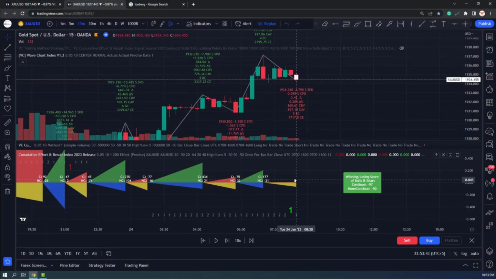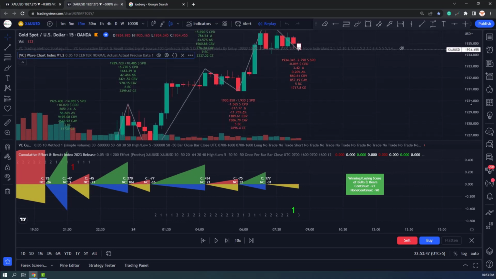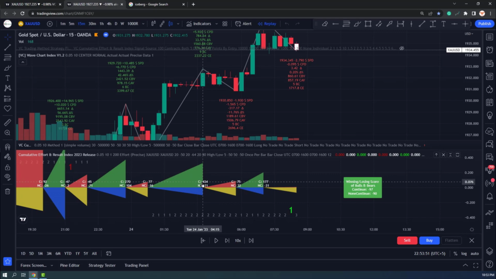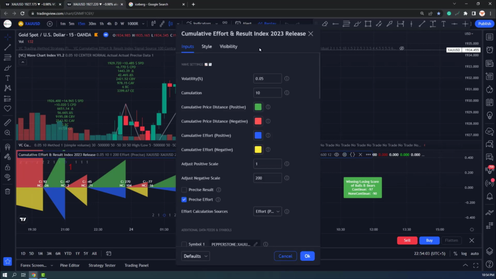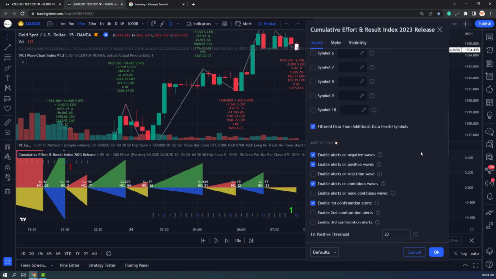Let me give you a clear example here. You see here, continue, non-continue. We have both positive results in this example. We have selected here the continue.